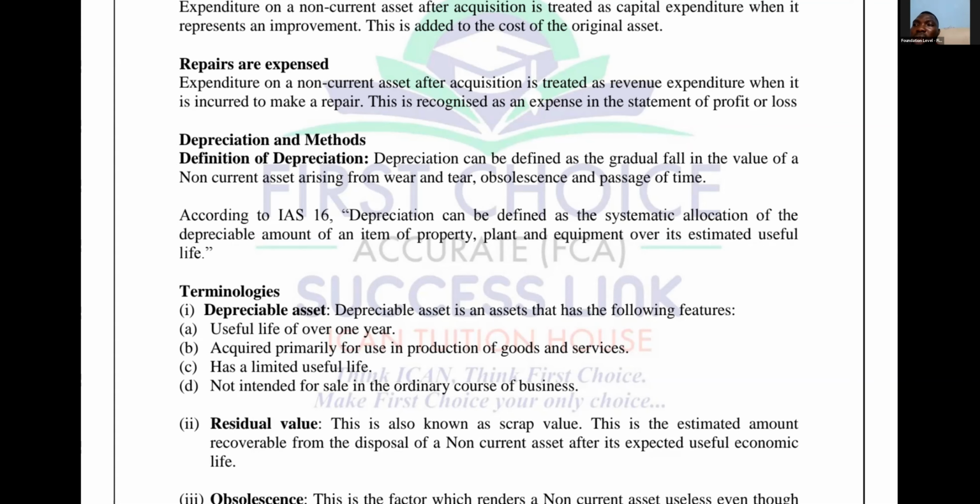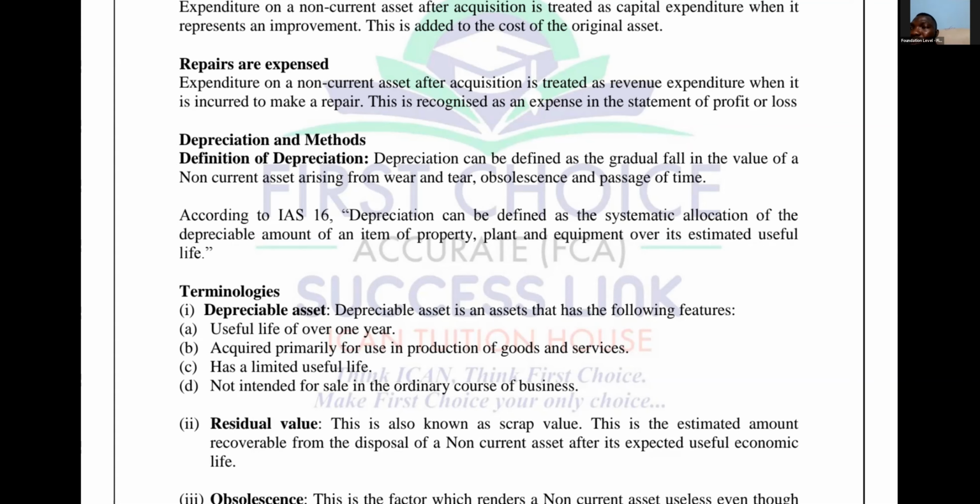Employ some techniques and formulas that will help you spread this cost. The depreciable amount is the cost of the item.